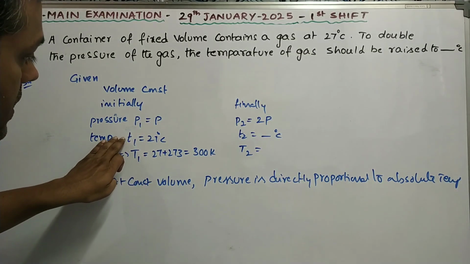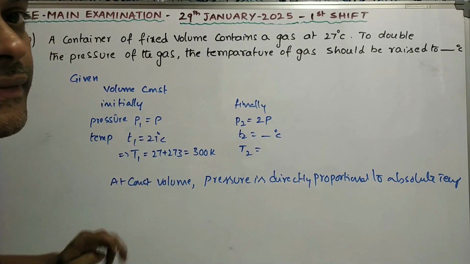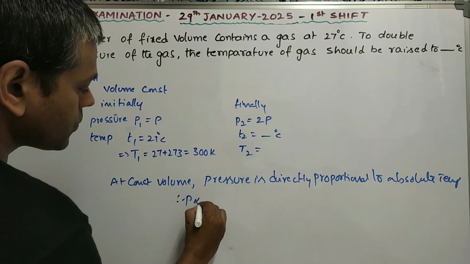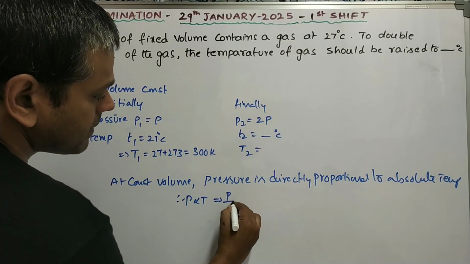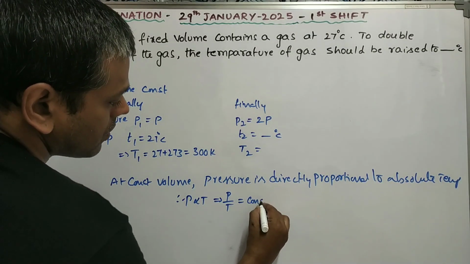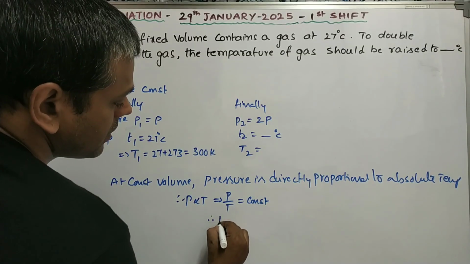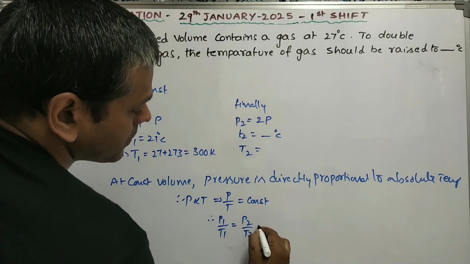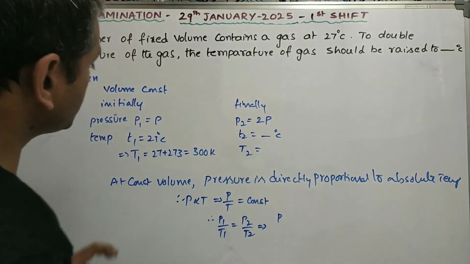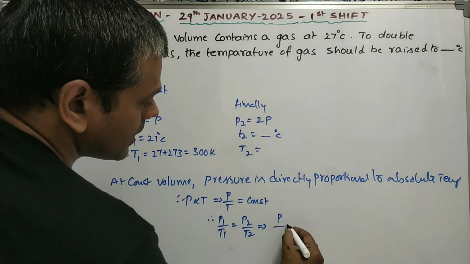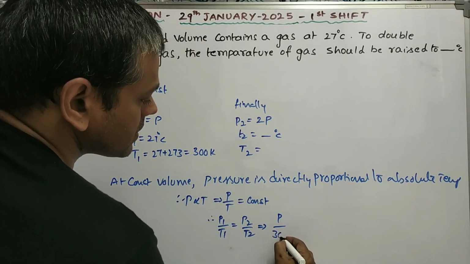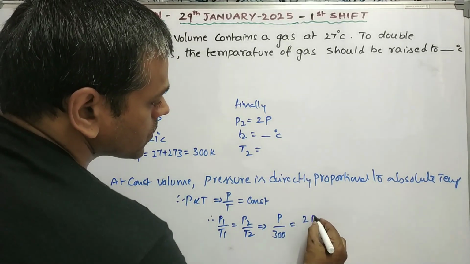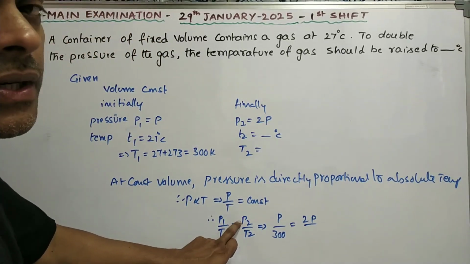That's why I would like to change degrees Celsius into Kelvin. So P is proportional to T. That implies P by T is equal to a constant. Therefore, P1 by T1 is equal to P2 by T2. P1 is the initial pressure, equal to P. Temperature is the absolute temperature, 300 Kelvin. P2 is 2P, the pressure now double its initial.